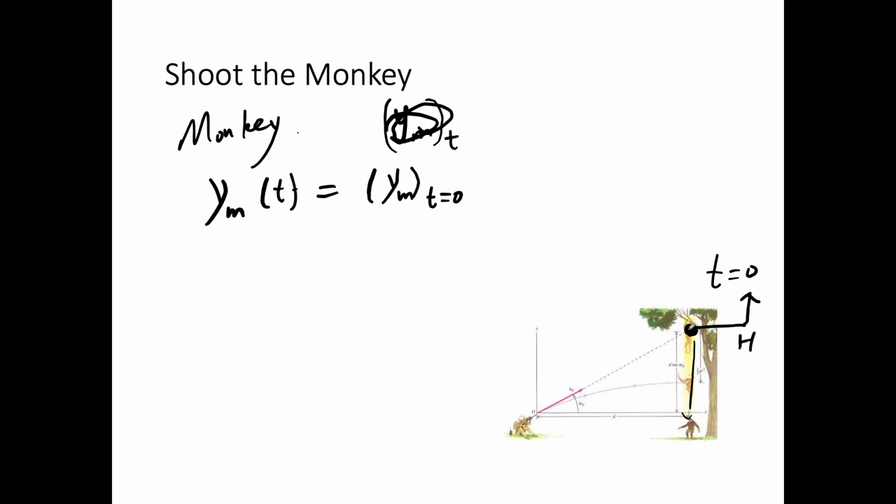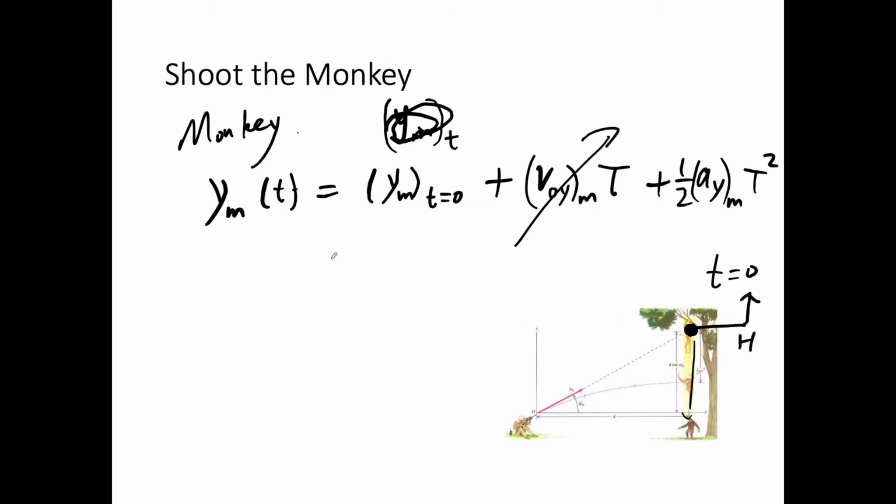The monkey starts from y position h at t equals 0, and then the monkey is going to do a free fall with the initial velocity 0, so v0y of the monkey times t is 0, plus 1/2 ay of the monkey t squared.